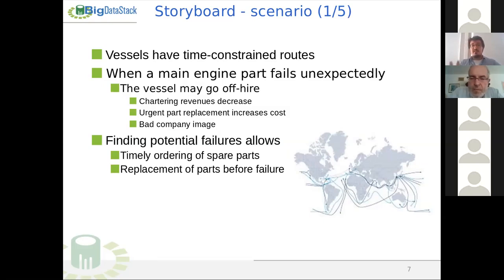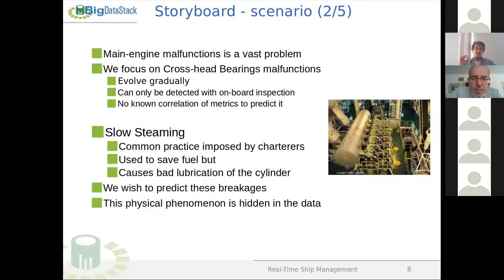So finding potential failures allows us to timely order the spare part and replace it before failure. The thing is that, okay, we're talking about malfunctions in the main engine of a vessel. Well, you don't have to be deep into shipping to understand that this is a vast problem. There are many things that can go wrong.